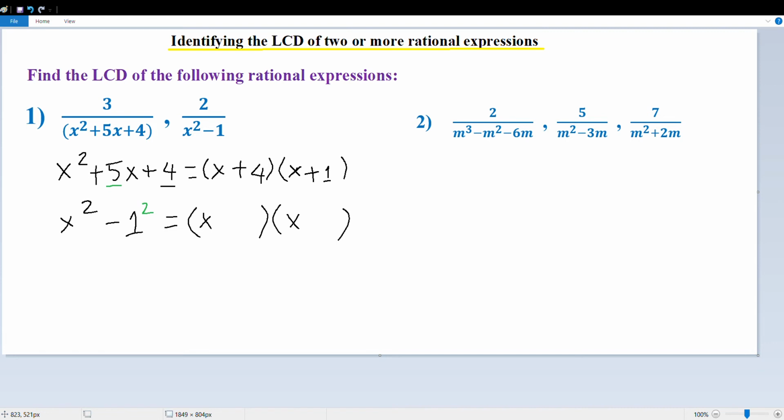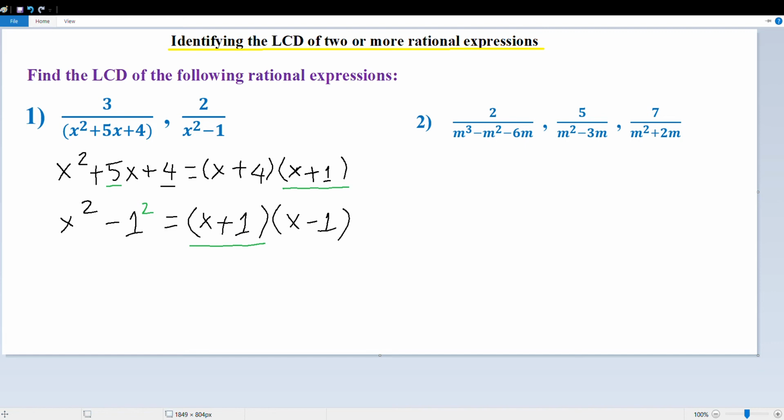So the factors would be x plus 1 and x minus 1. Once we are done with factoring the denominators, we look for the factors that are common between these two denominators. Here we could say x plus 1 is common between these two denominators.